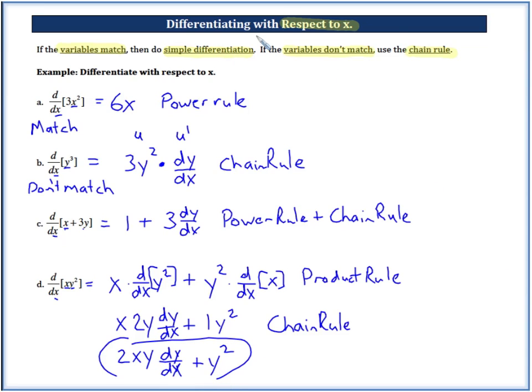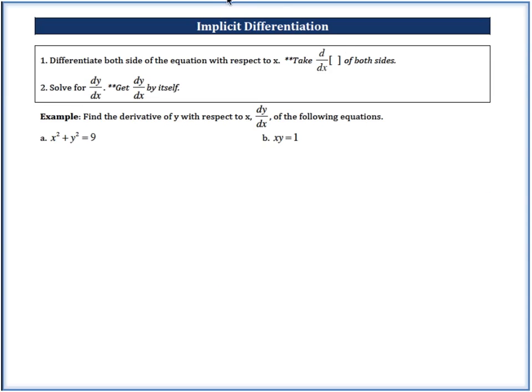Alright, now that we know how to differentiate with respect to x, let's go ahead and take a look at implicit differentiation. So the very first thing that we want to do is to differentiate both sides of the equation with respect to x.